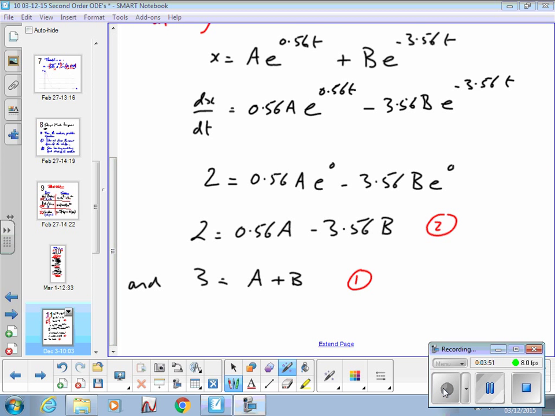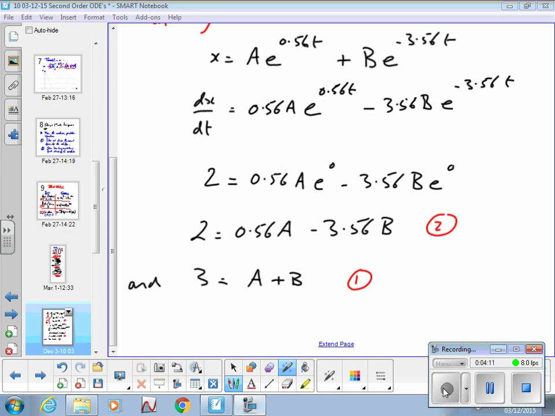Now, there's a couple of ways we can go about doing this, so let's just think about this for a minute. And there is no right way to do it. In any given situation, it might be a different way that's going to work. If you think about these things, they're linear. There's no powers in here, no b squared or anything, so it's linear.